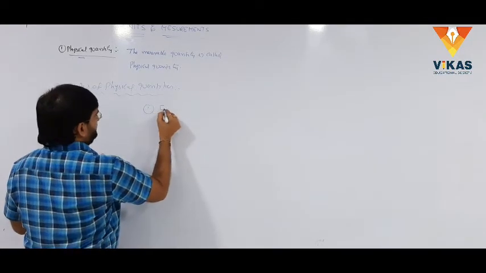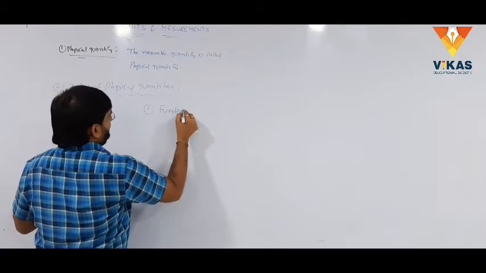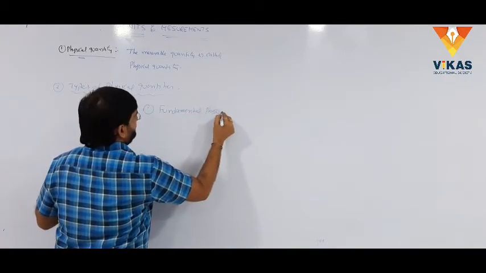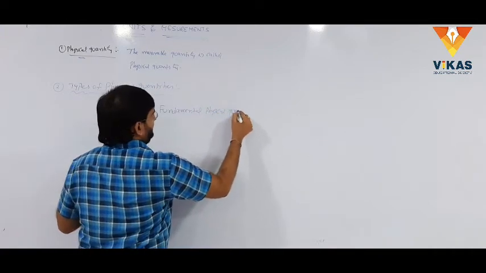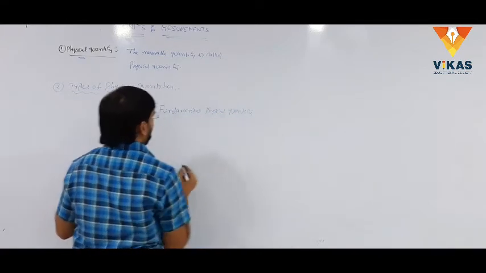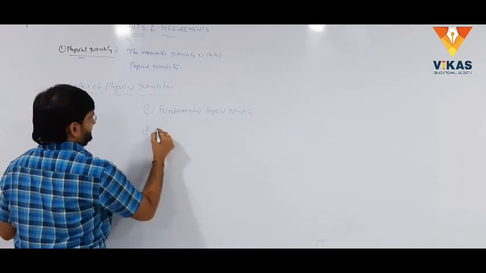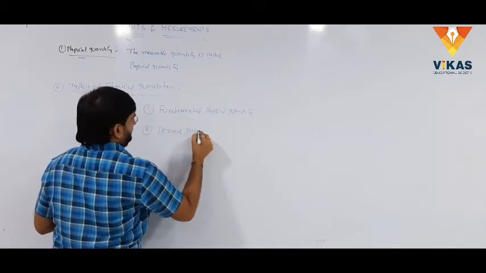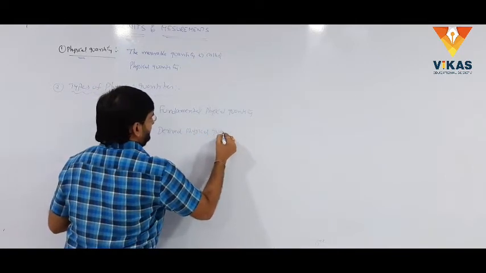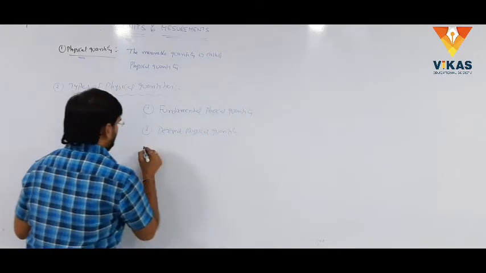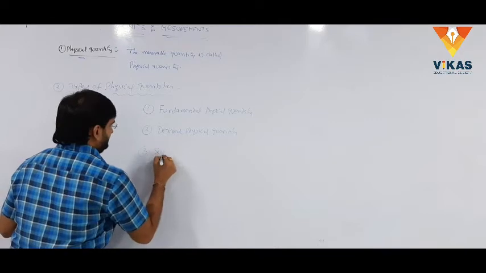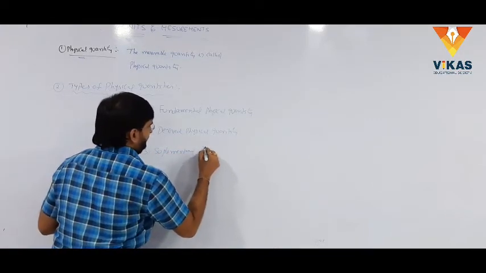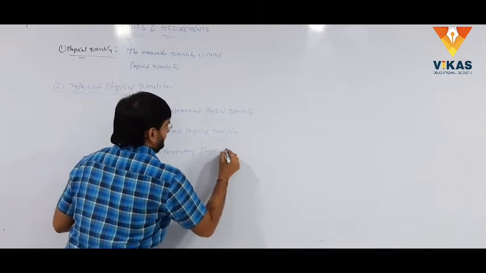The first one is the fundamental physical quantity, the second one is the derived physical quantity, and the third one is the supplementary physical quantity.